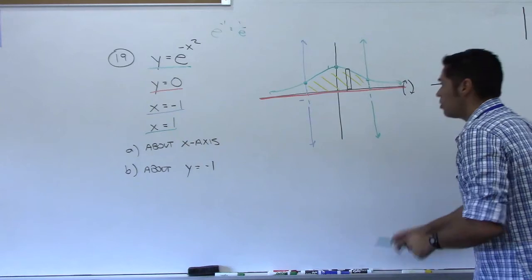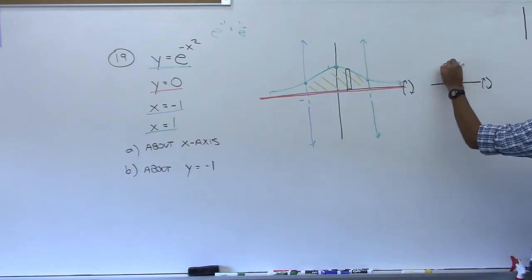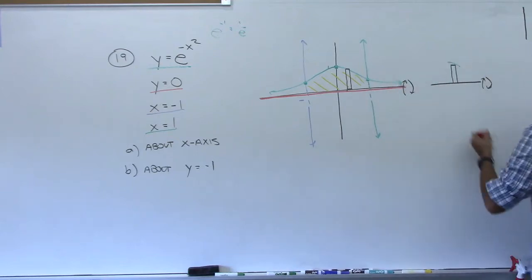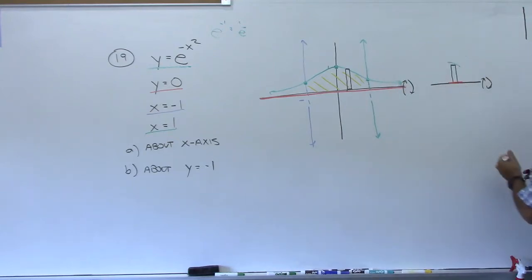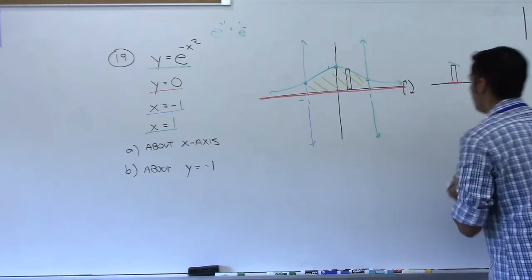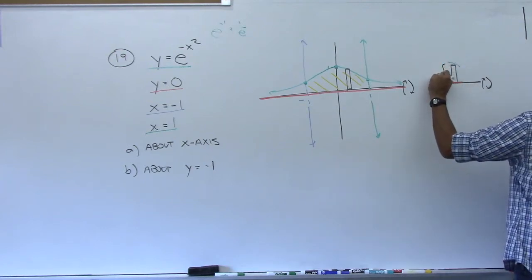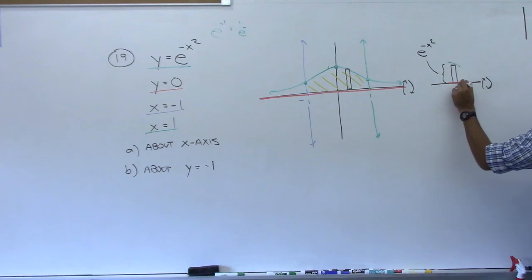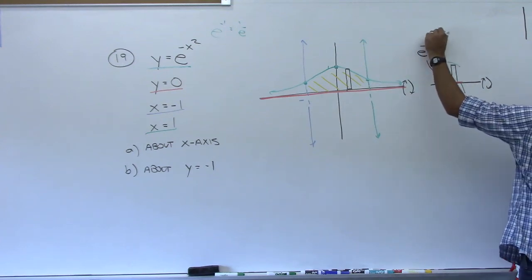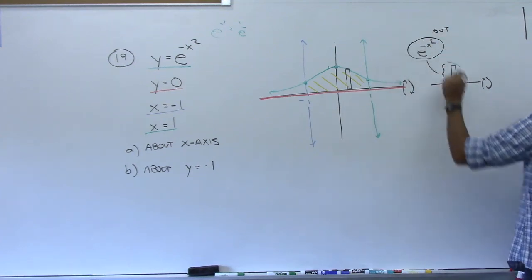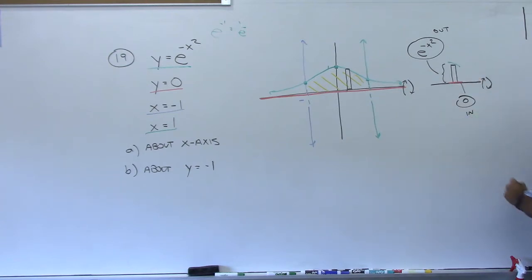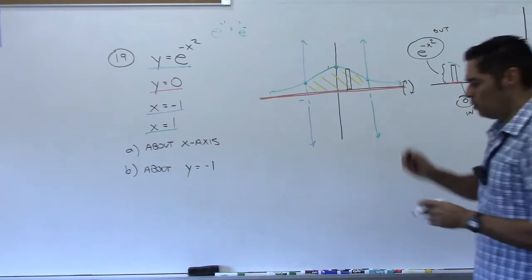My top function is that e function. The bottom function is going to be the red y equals 0. So the outer radius is the distance from here to here. It's e to the negative x squared. And then the inner radius is 0 because it's not moving. And my limits of integration are negative 1 to 1.